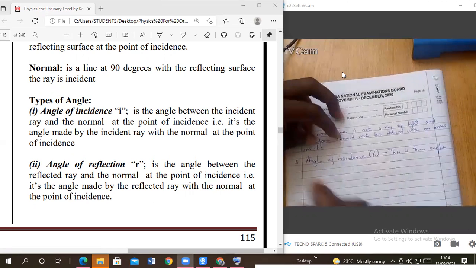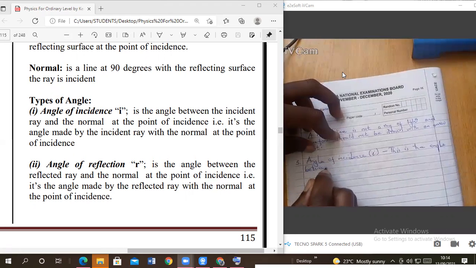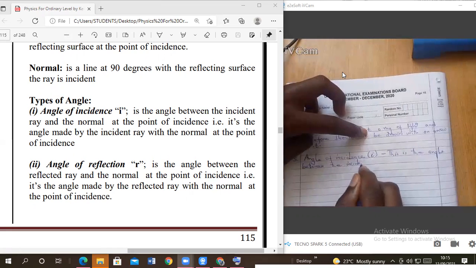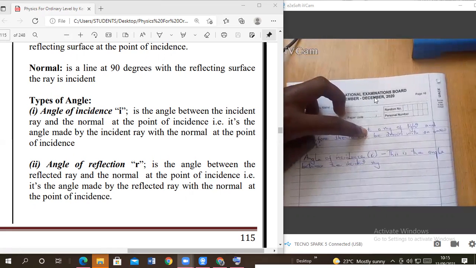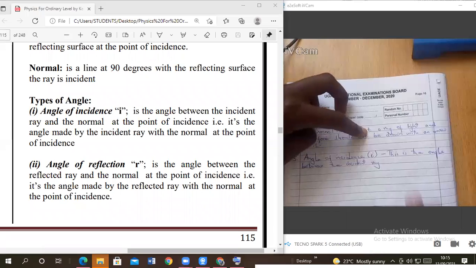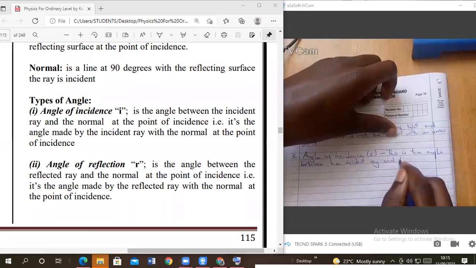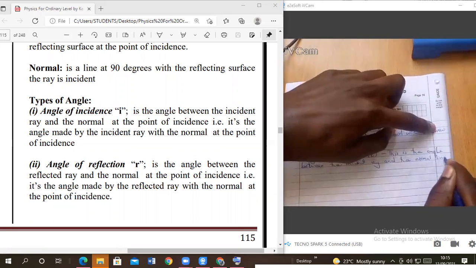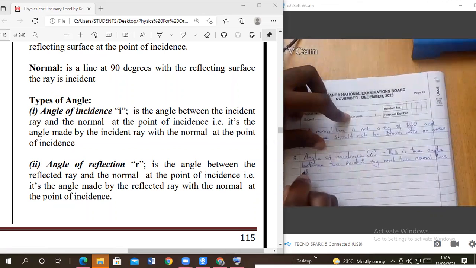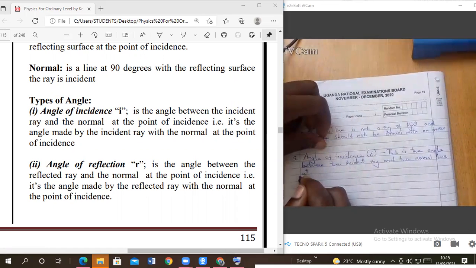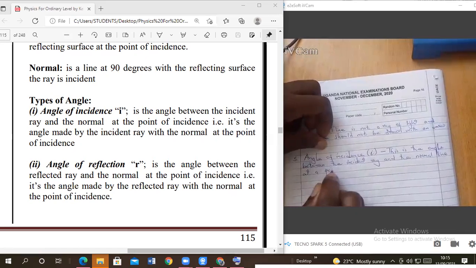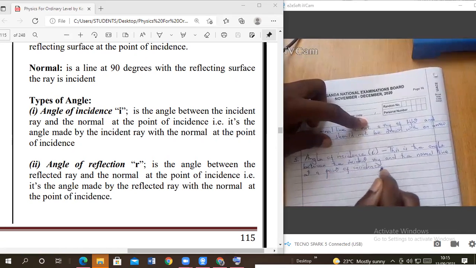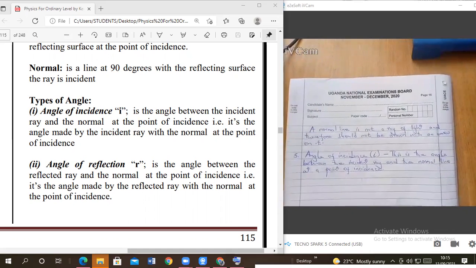So this is the angle between the incident ray and the normal line at a point of incidence.